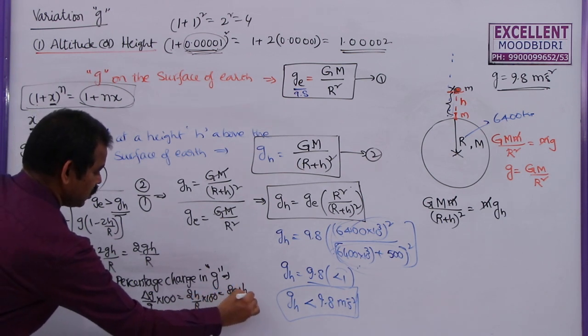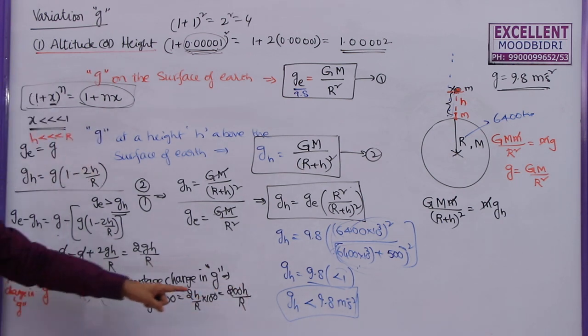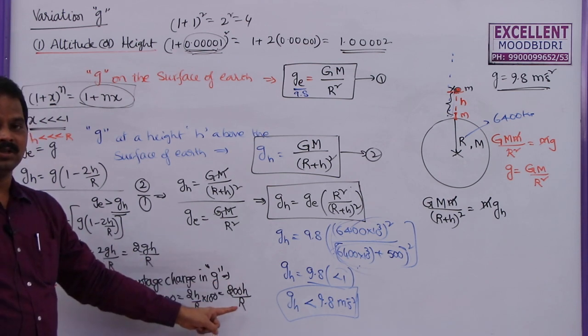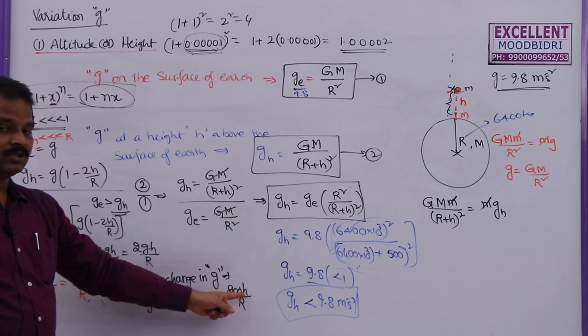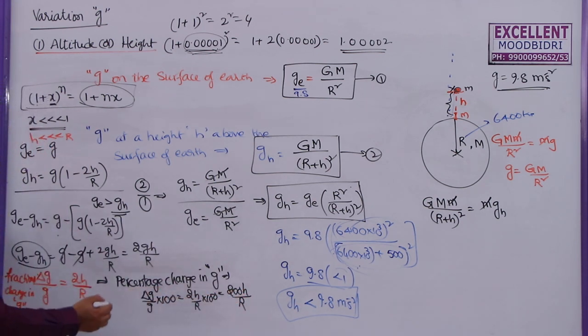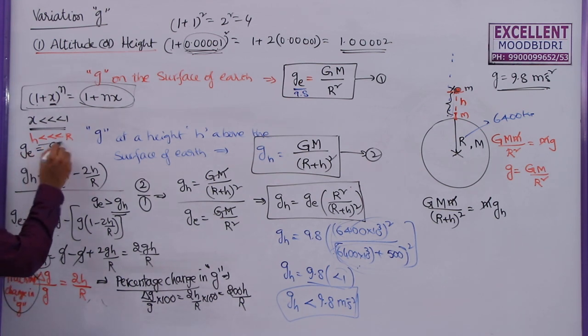This is 200h by r. If you know the h value, r value is always constant, 6400 into 10 power 3 meters or 6400 kilometers. If h is given, you can find the percentage change in small g as well as the fractional change in small g, only if h is very small.